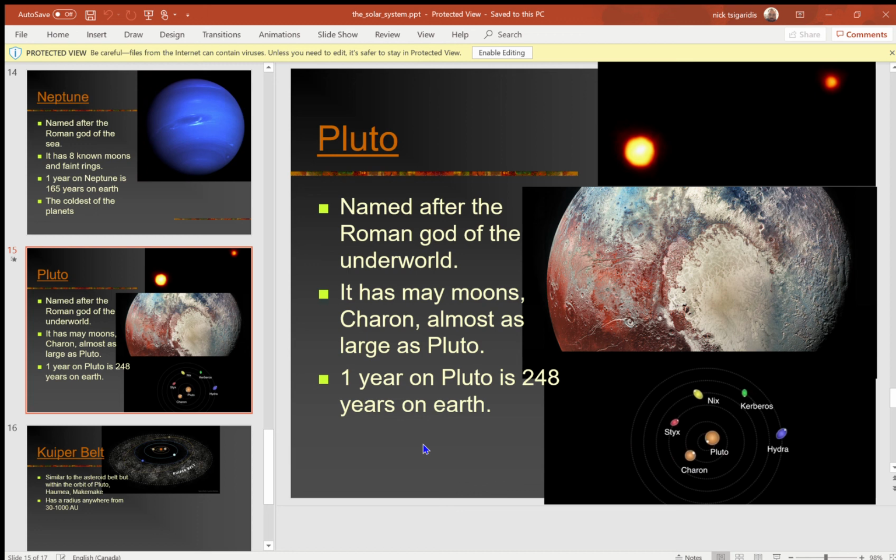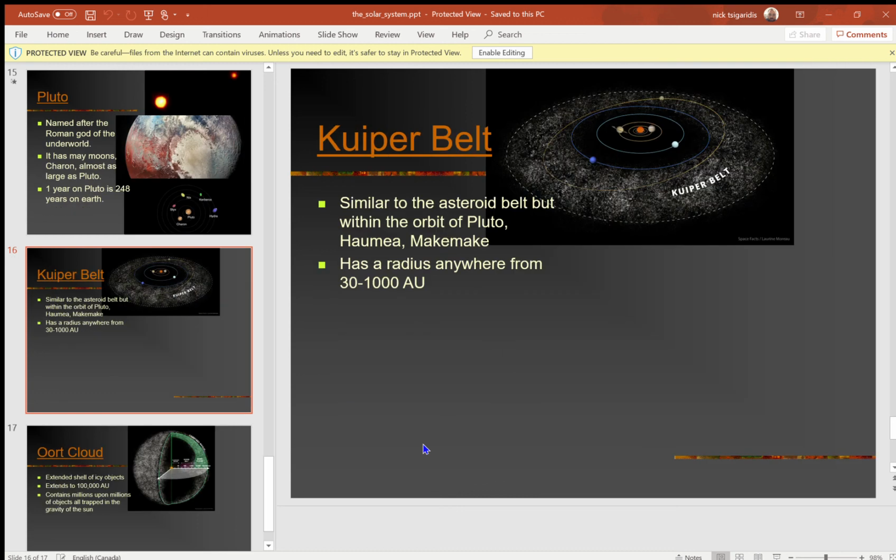moment. Speaking of the Kuiper Belt, the Kuiper Belt is another asteroid belt that's further out, and Pluto lies in its orbit. It starts just outside the orbit of Neptune, and Pluto actually orbits within it. In any case, there's lots and lots of objects in the Kuiper Belt.